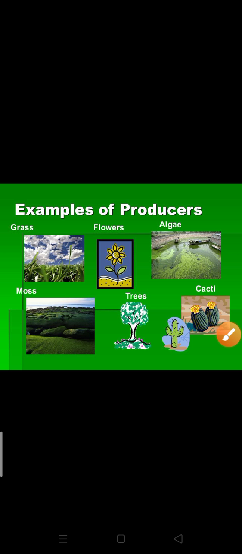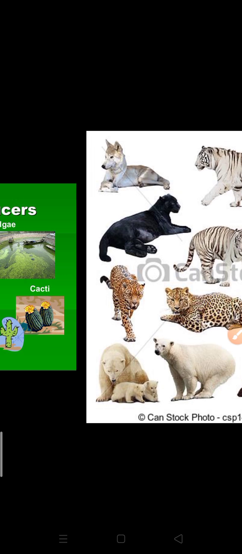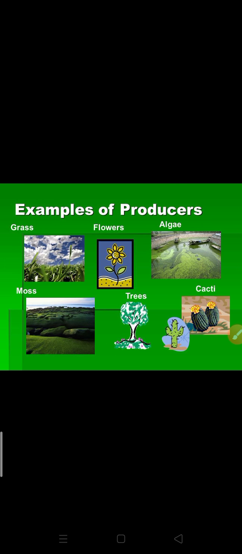So today we will discuss different forms of life on earth in the form of producers, consumers and decomposers. Firstly we will discuss producers.